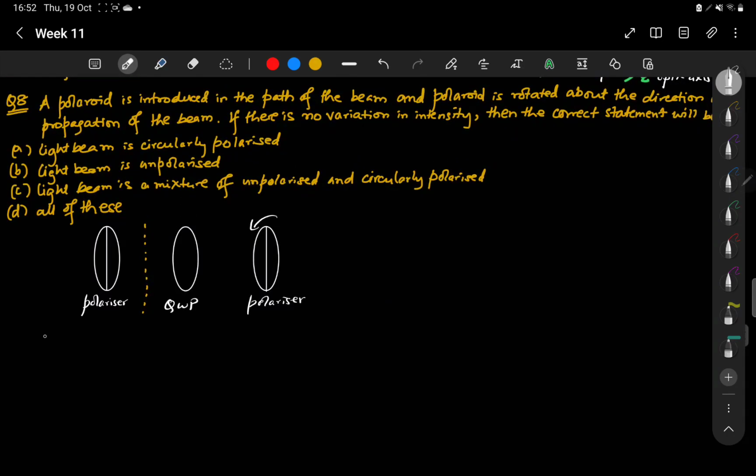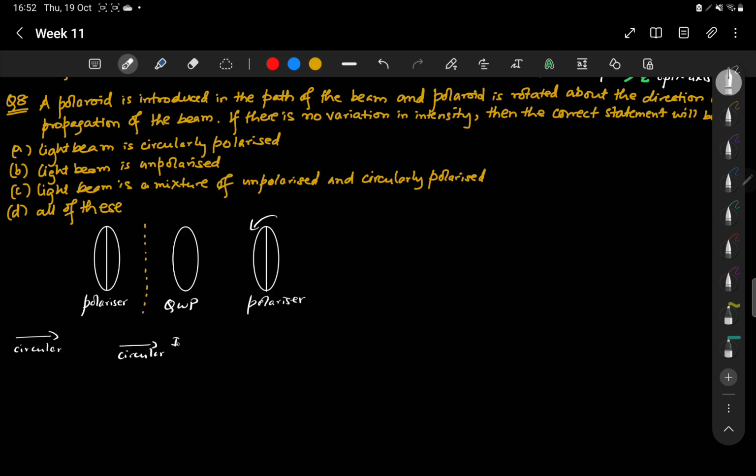So what happens if we send in circularly polarized light? If we send in circular through the linear polarizer, then the output is also circularly polarized light. And because it is circularly polarized light, if I rotate my polarizer, I will not see any change in intensity.